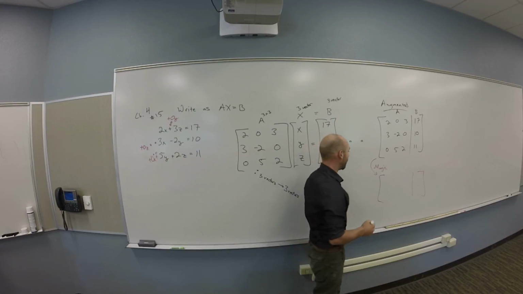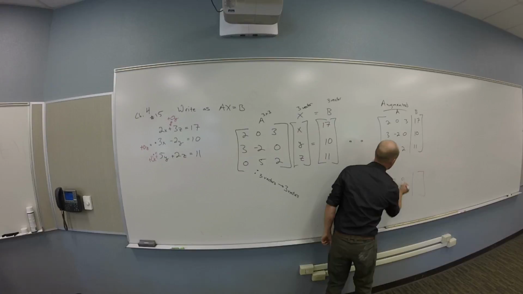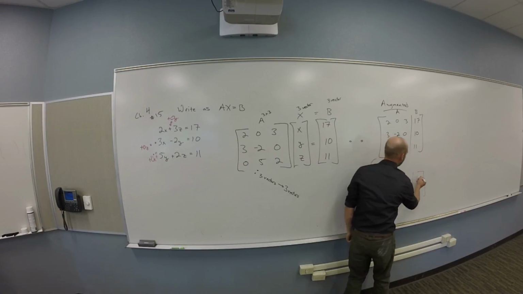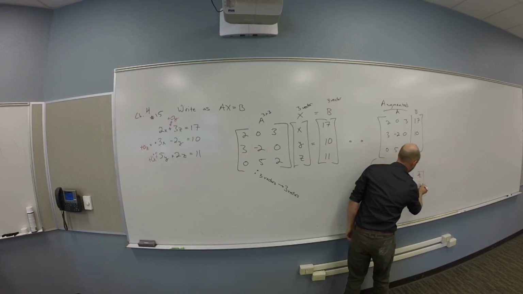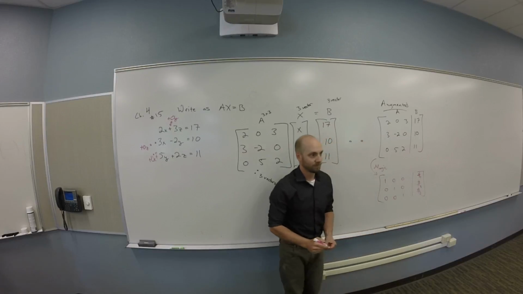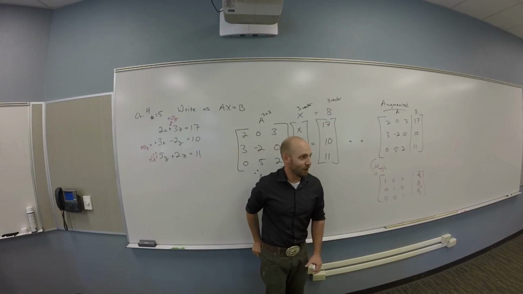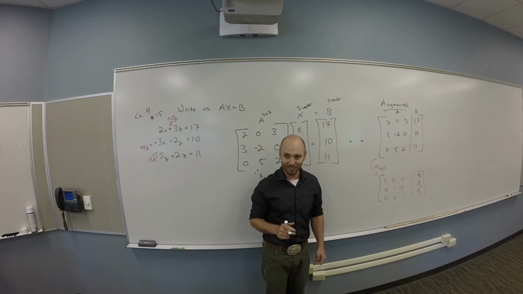In the end, you will get something that looks like 1, 0, 0, 0, 1, 0, 0, 0, 1, and then you'll have number 1, number 2, and number 3. Is all cool with that? Yay, magic. This will be awesome, I promise.